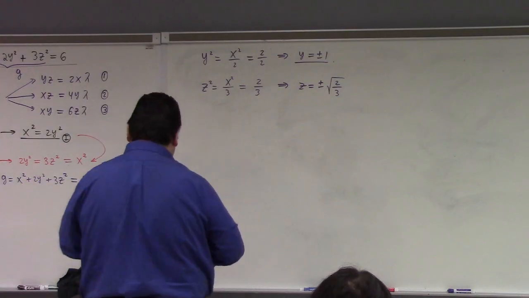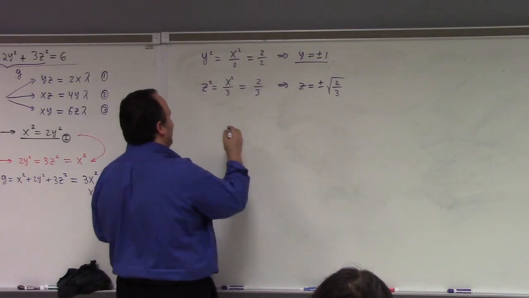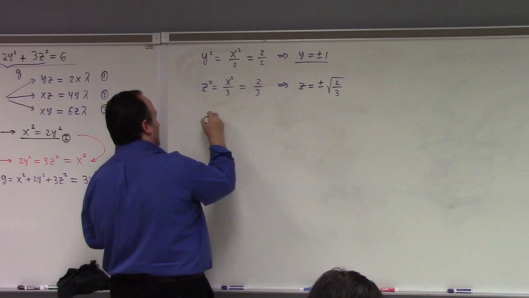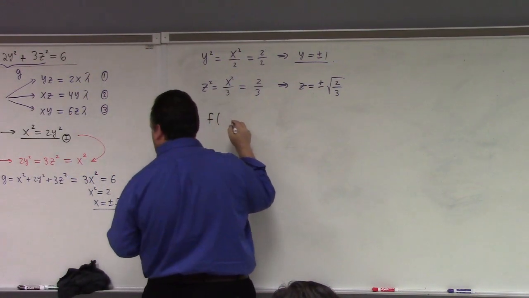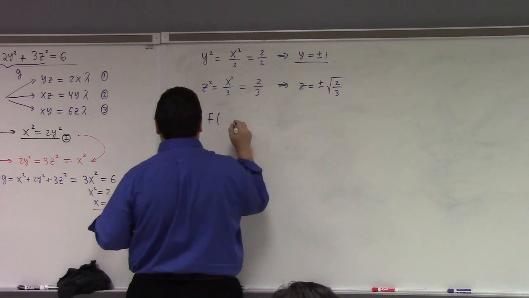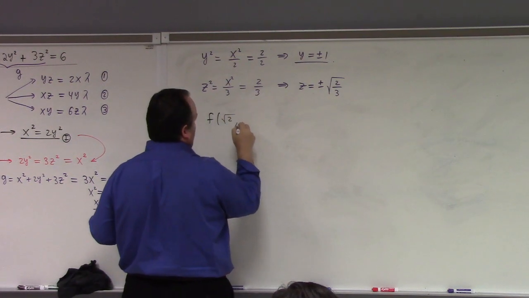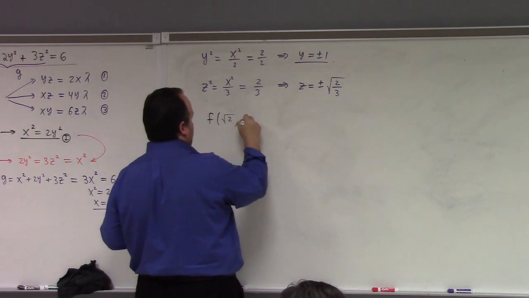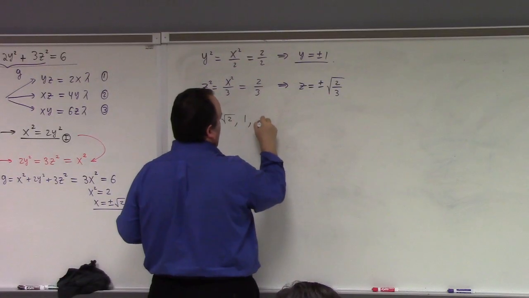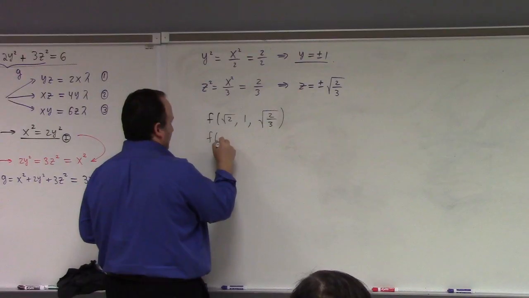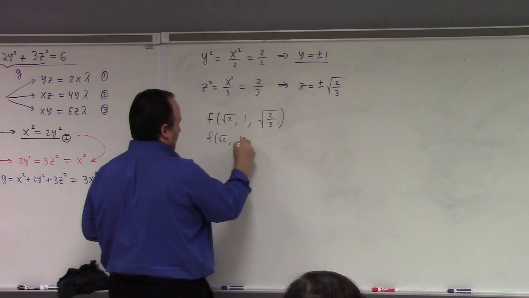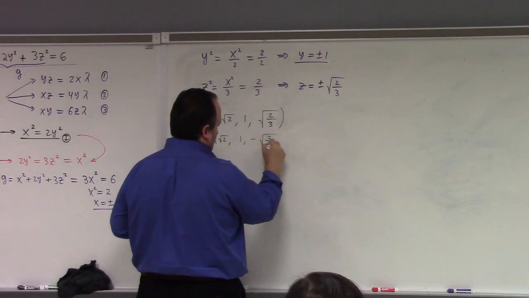Let's start out here. So we got to think about what is f of my x. My x was root 2, my y was 1, my z was root 2 over 3. Or we can have root 2, 1, minus root 2 over 3.